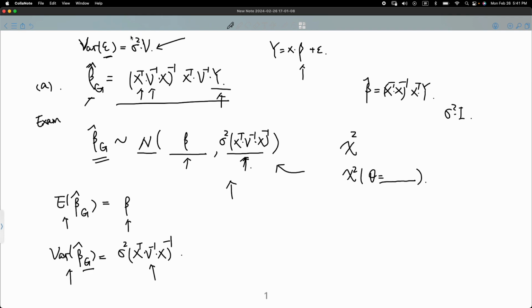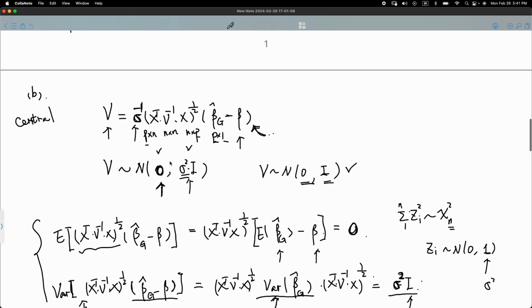But under this new specification, you get the linear coefficient in this formulation. Part A is asking for the distribution of that. To answer, we first comment that this is going to be a normal distribution, and then we comment on the mean vector and the covariance matrix. You can calculate them by calculating the expectation and the variance. Okay, so that's part A.